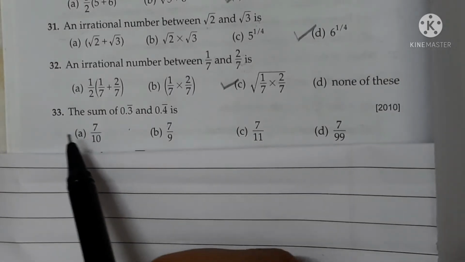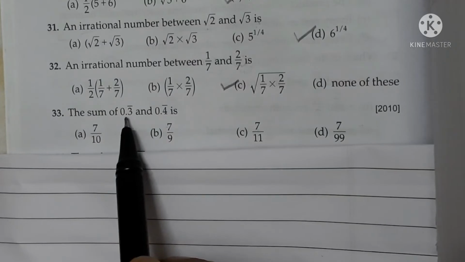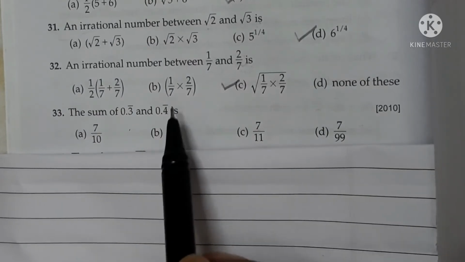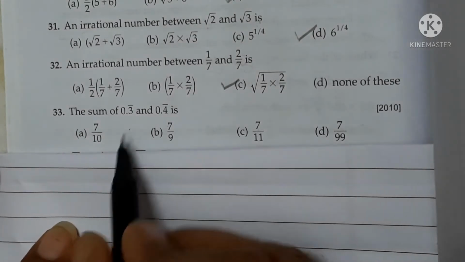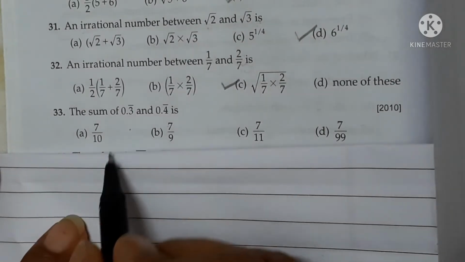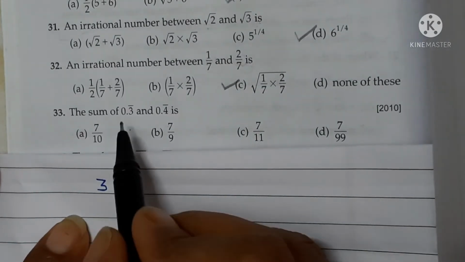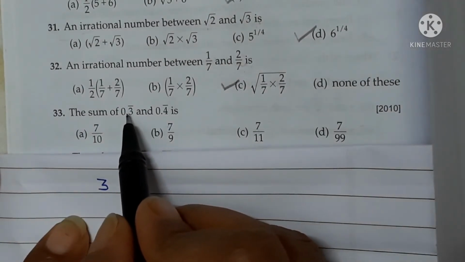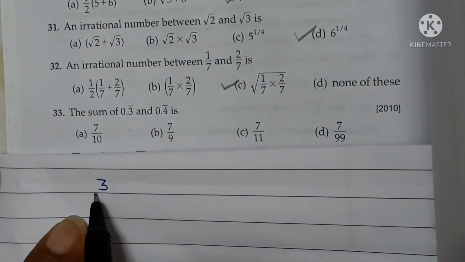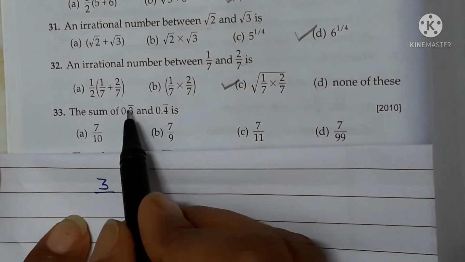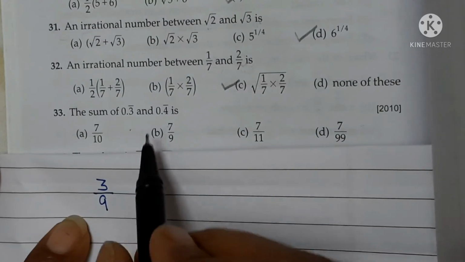Now question number 33. The sum of 0.3 bar and 0.4 bar. We will use shortcut method. 0.3 bar means write 3 minus 0, because after decimal no digit is without bar. So you subtract 0, you can write it 3, and only one digit having bar, so 9 in the denominator.